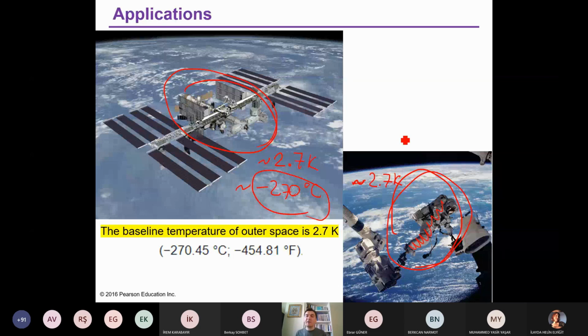Or when space shuttles enter into the atmosphere of the world, their temperature rises to very high temperatures, and you have to use very good thermally insulating materials. Also in industrial applications, these things are very important. Do you have any question?